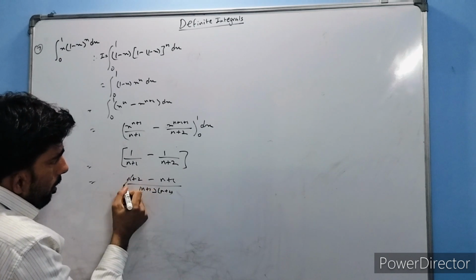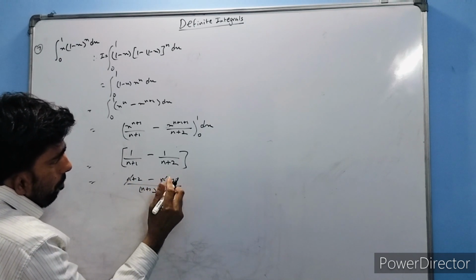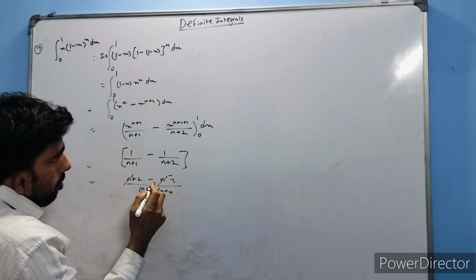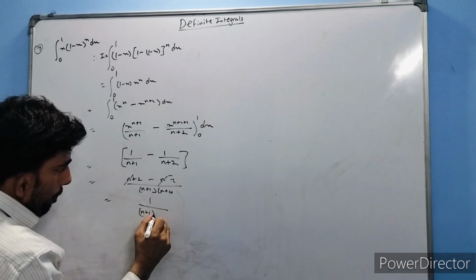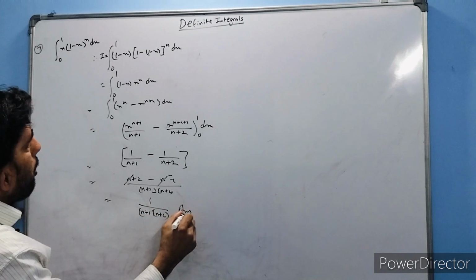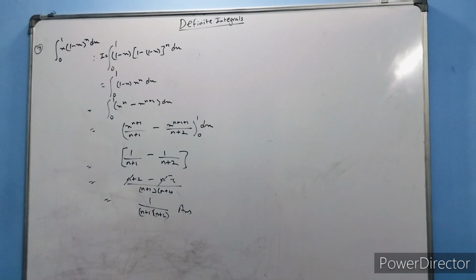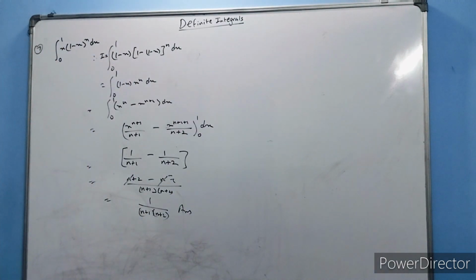So what I got here? Subtracted, we will get 1 upon n plus 1, n plus 2. Okay, so that is how we are able to evaluate definite integral using the properties.